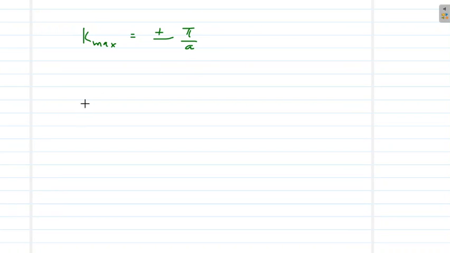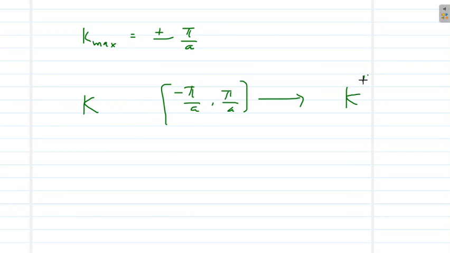Now even if you have a wave vector value that is outside this first Brillouin zone, outside the limits of minus pi by a and plus pi by a, you can change this wave vector to another wave vector K dash without affecting any physical significance, and this K dash can be included in this range.